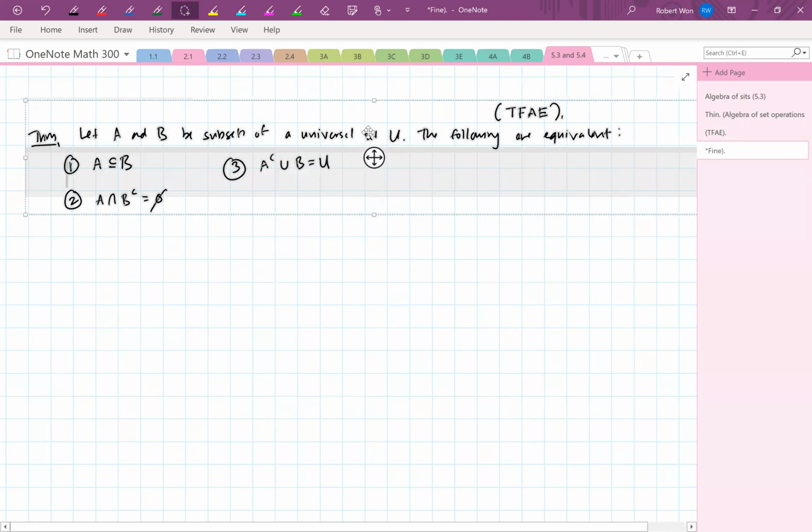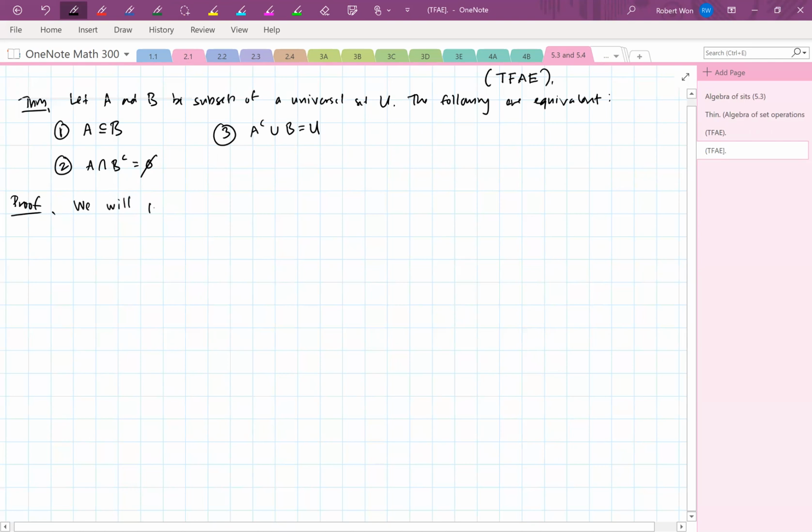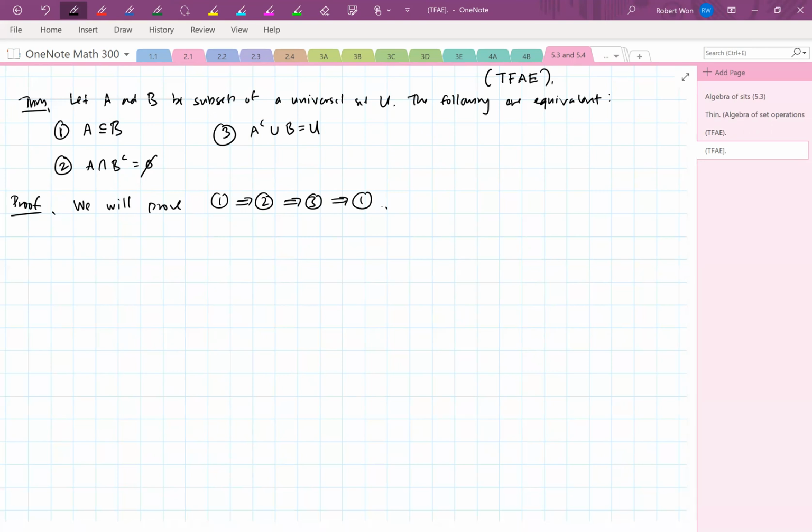Okay, so if you're going to prove a bunch of statements are equivalent, though, as always, you need to give your reader some help so that they don't get confused. So what I'll prove is that 1 implies 2 implies 3 implies 1. And I'll say that even in your formal proofs, I will allow you to use these symbols.